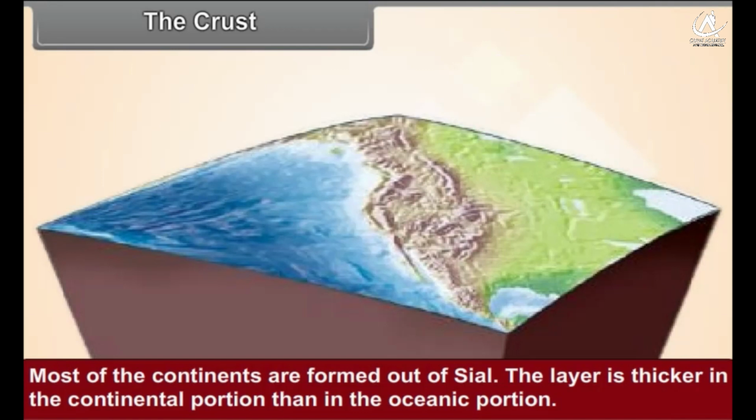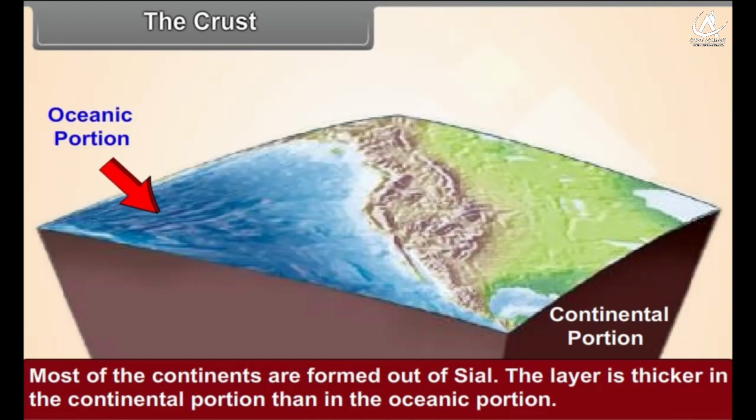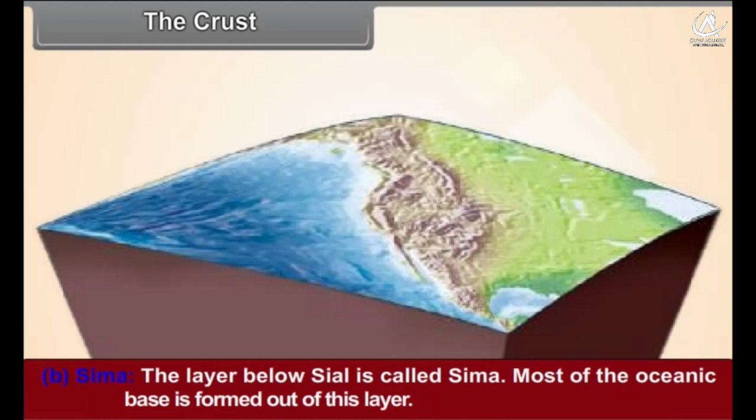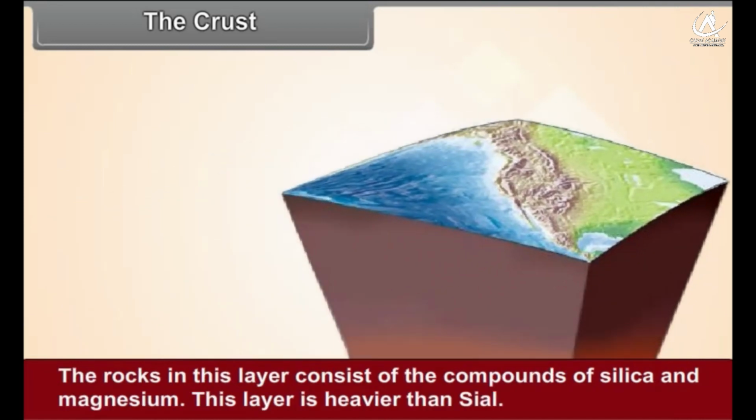The layer is thicker in the continental portion than in the oceanic portion. Sima. The layer below sial is called sima. Most of the oceanic base is formed out of this layer. The rocks in this layer consist of compounds of silica and magnesium. This layer is heavier than sial.